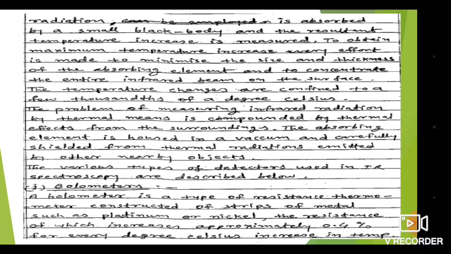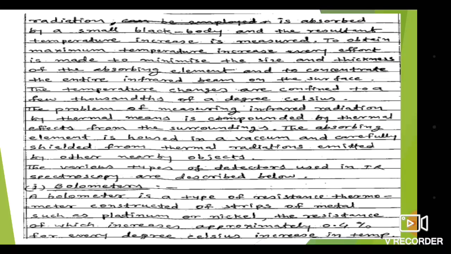The problem of measuring infrared radiation by thermal means is compounded by thermal effects from the surroundings. So the principle of thermal measurement is affected by the temperature change in the surroundings.